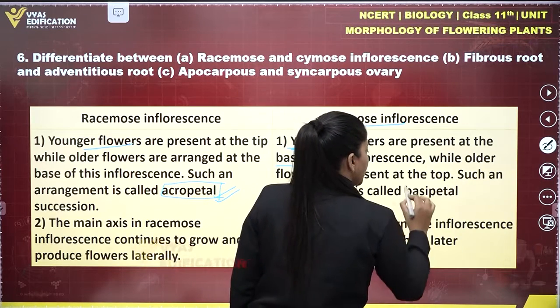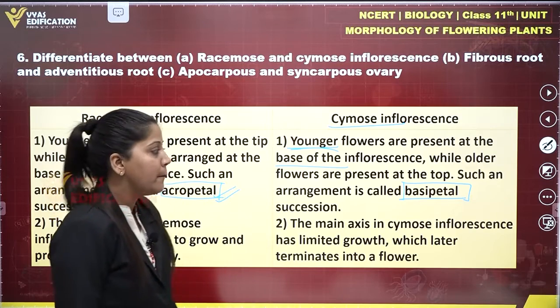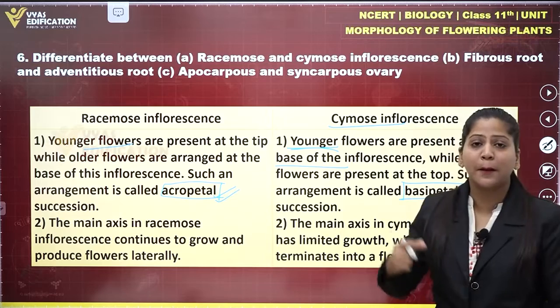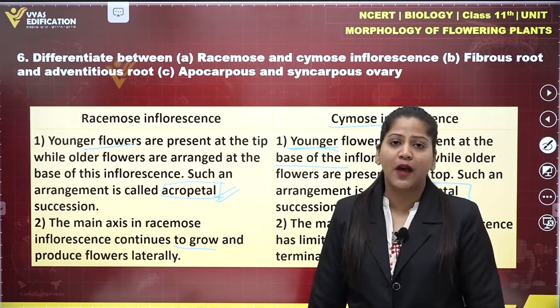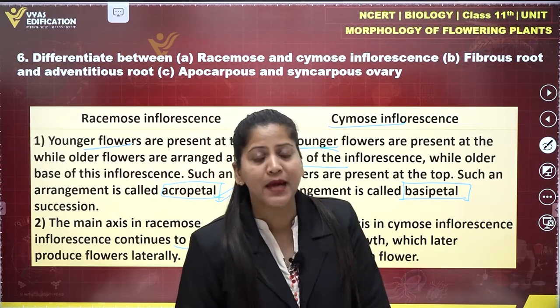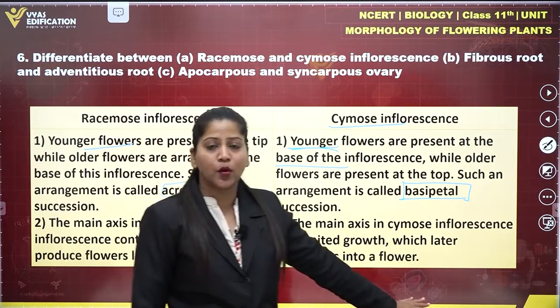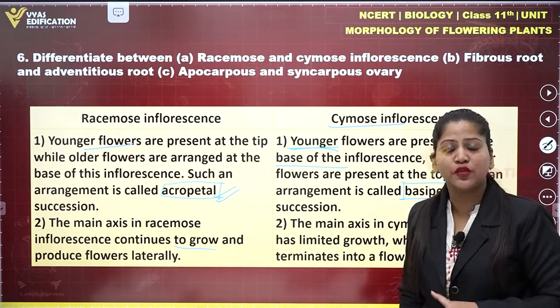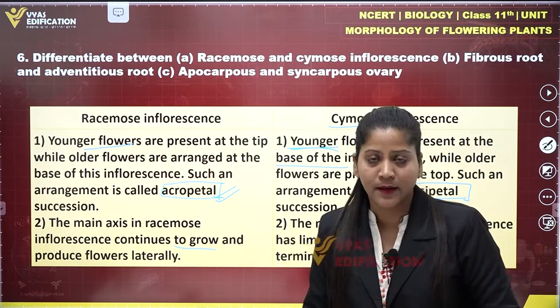And this kind of arrangement is said to be basipetal succession. In racemose inflorescence, the main axis continues to grow and produces flowers laterally, whereas the main axis in cymose inflorescence has limited growth and terminates into flower. So these are the basic differences between racemose and cymose inflorescence.